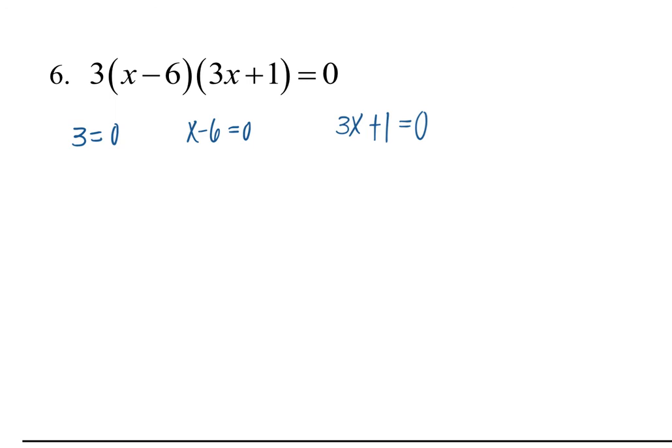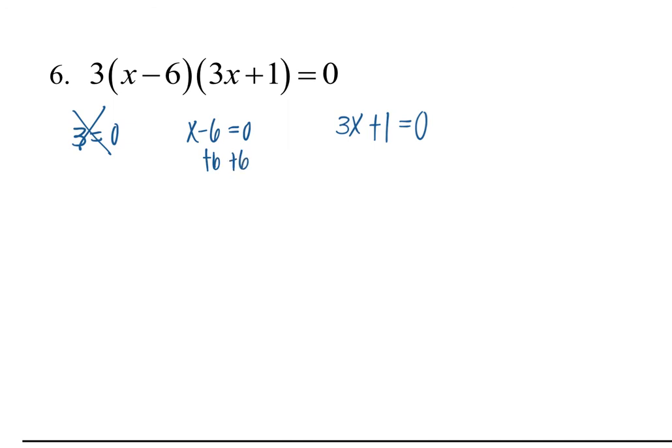On number 6, we have 3 times x minus 6 times 3x plus 1 as factors. I'm going to set each of those equal to 0. So 3 equals 0. When I go to solve that, I can't because it's a false statement. 3 equals 0, that's not true. So we won't use that. But x minus 6, I can solve.